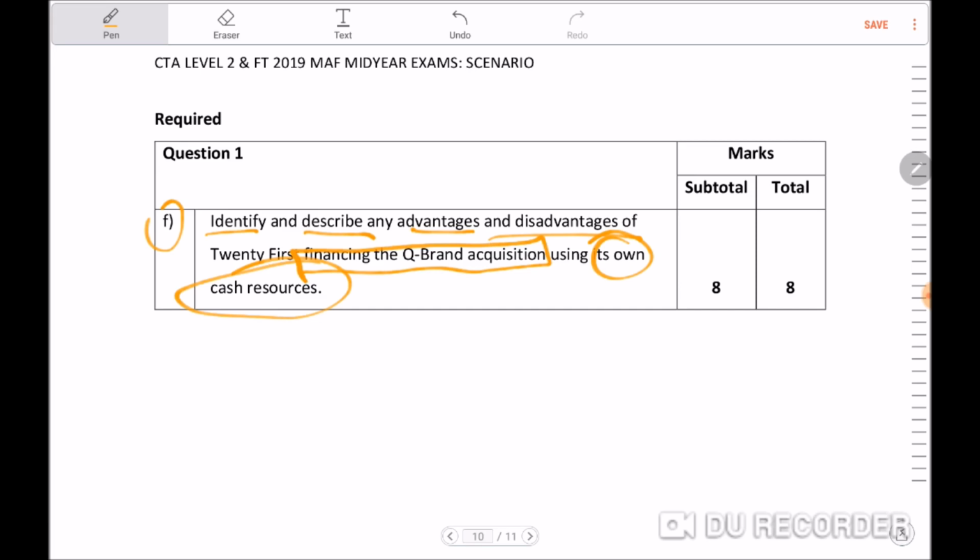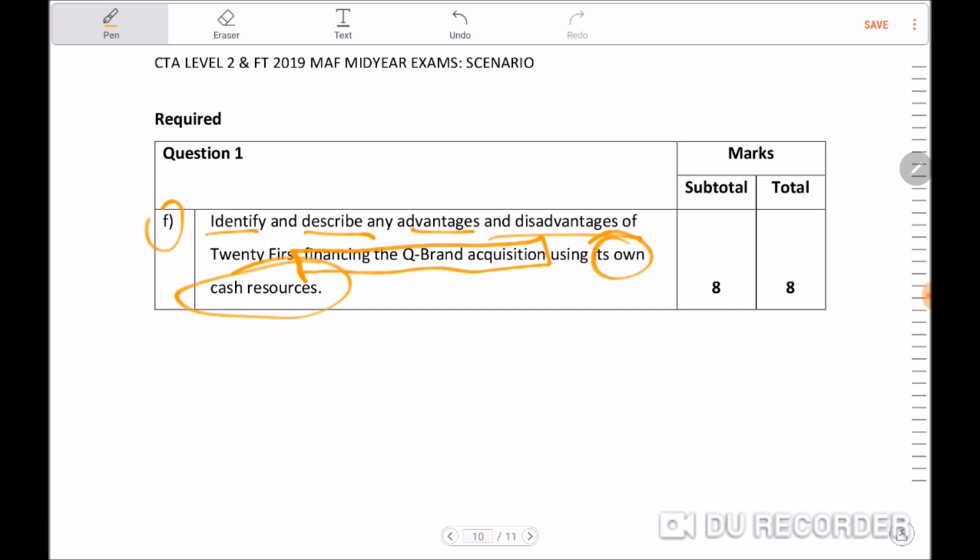From there, we noted as a common error that students were discussing other financing options for consideration by 21st. When you go back to the scenario, they could have financed the Q brand acquisition using their cash resources, or they could have used the convertible preference shares, or they could have used debt funding through a loan.